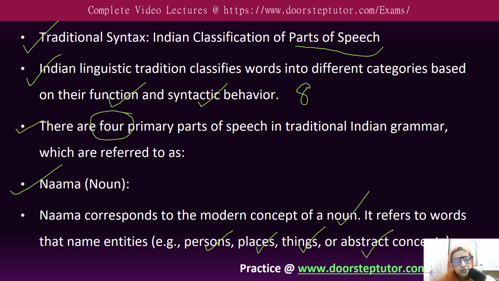Now, naama corresponds to the modern concept of noun. So, naama is nothing but the name of entities like person, place, animal, thing, abstract concept. Now, place, person, thing and animal are pretty much clear. What is an abstract concept? Okay, this might pop up in your head, what is this abstract? We all know what abstract means.